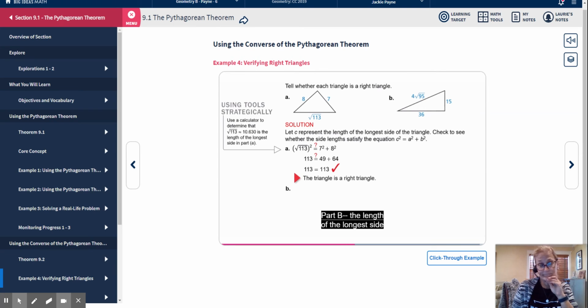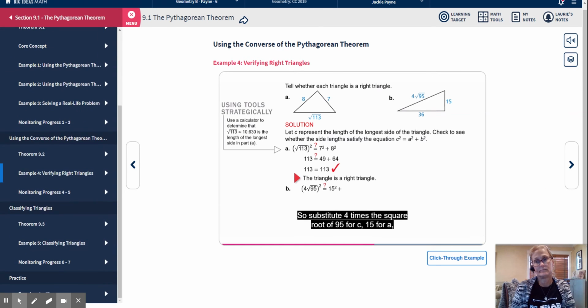Part B. The length of the longest side is 4 times the square root of 95. So, substitute 4 times the square root of 95 for c, 15 for a, and 36 for b. Next, notice that the quantity 4 times the square root of 95 squared can be rewritten as 4 squared times the quantity the square root of 95 squared.